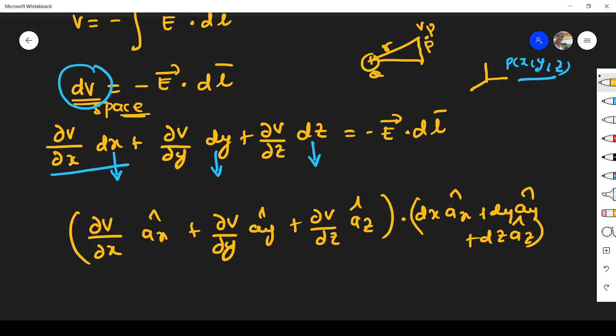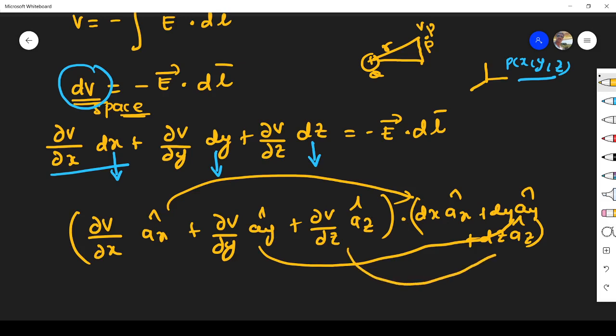Why? When you take a dot product, you multiply the same unit vectors. ax dot ax is 1, so dou V by dou x dx. Next ay dot ay is 1, so dou V by dou y dy. Next az is 1, so dou V by dou z dz. That is what this term represents.